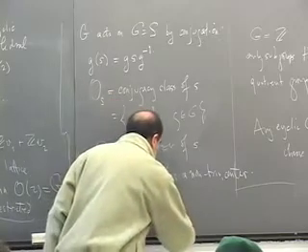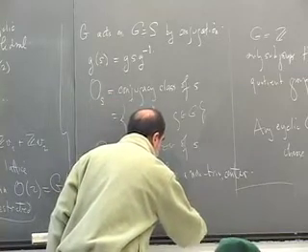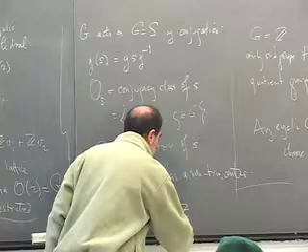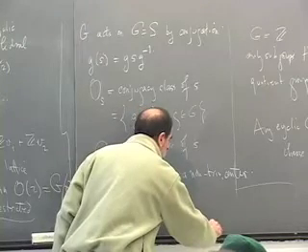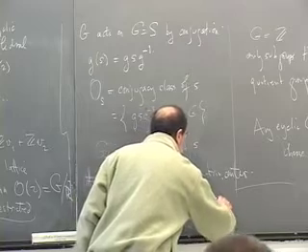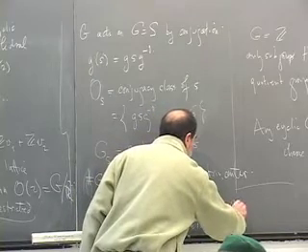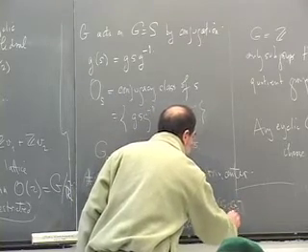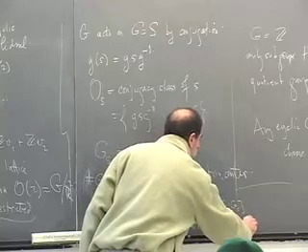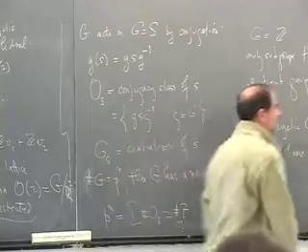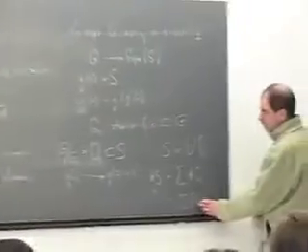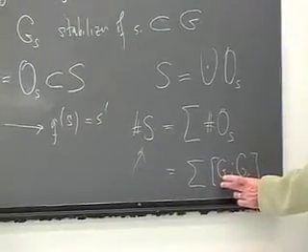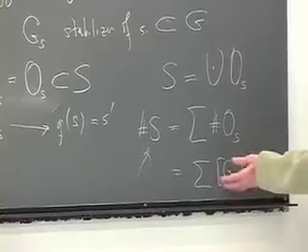So this becomes the number of elements in the center, where the orbit has one element, plus the sum over G mod G_S, where this is non-trivial. Namely, in this sum, where you have the index of the stabilizer, either the stabilizer is the full group and this number is 1, or it's not 1.